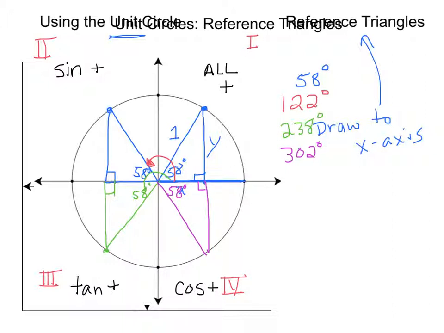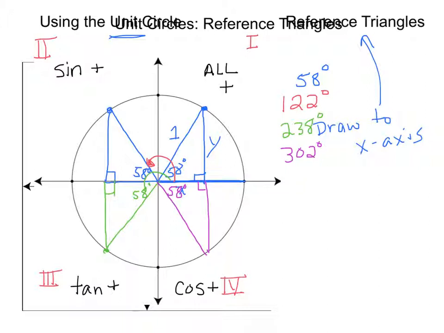So there's a lot of little ways you can remember those. I know a lot of teachers teach ways to remember those. I usually don't so much because I kind of want you to use the reference triangles all the time in order to figure that out because it helps you with your trig, opposite, adjacent, hypotenuse.